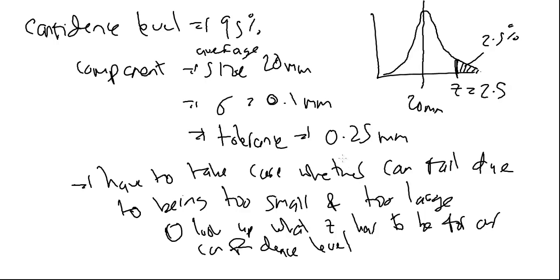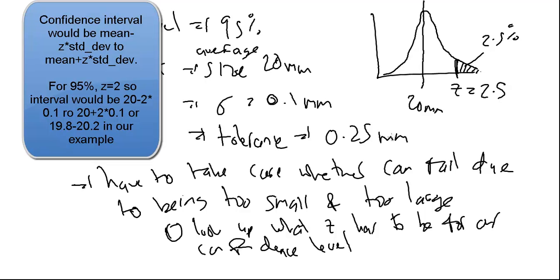And then once we know what Z is, if we know that the tolerance is, say, 0.25 millimeters, then we can also describe this by using a confidence interval.